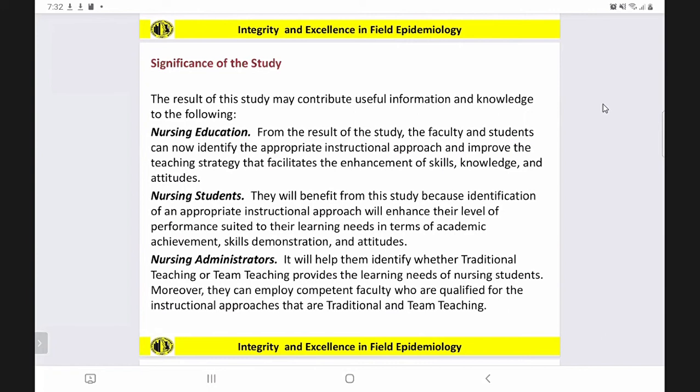Can somebody read the first one, the significance of the study for the nursing education? Okay, Ariel Pacoma. From the result of the study, the faculty and students can now identify the appropriate instructional approach and improve the teaching strategy that facilitates enhancement of skills, knowledge, and attitudes.